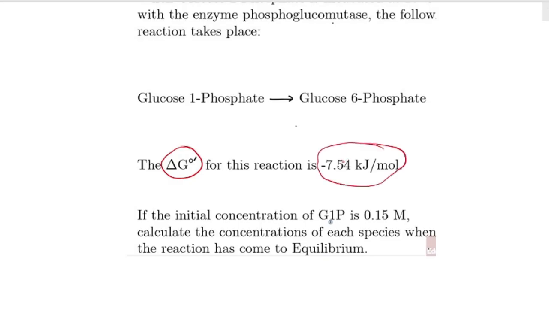We are to find the equilibrium concentration. The initial concentration is 0.15 molar. This is essentially an equilibrium problem, and as such, we're going to end up making something called an ICE chart.